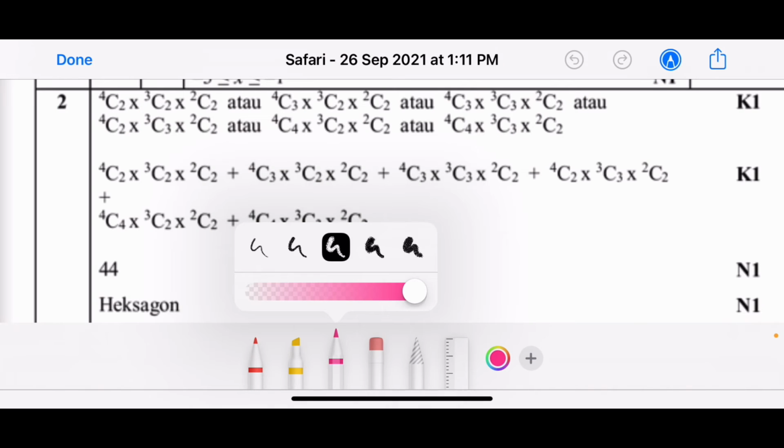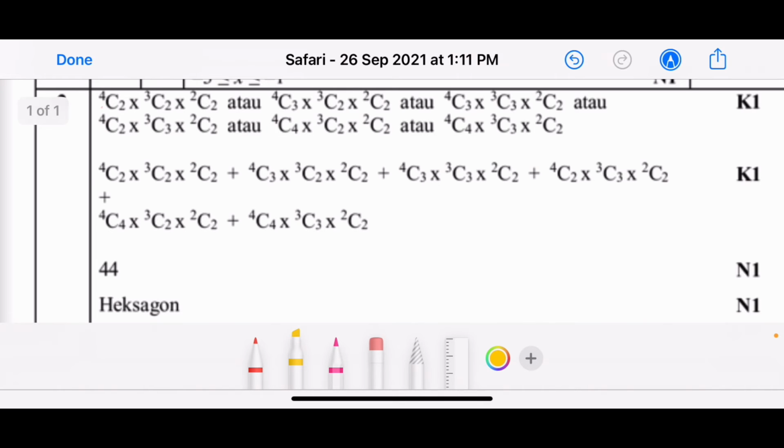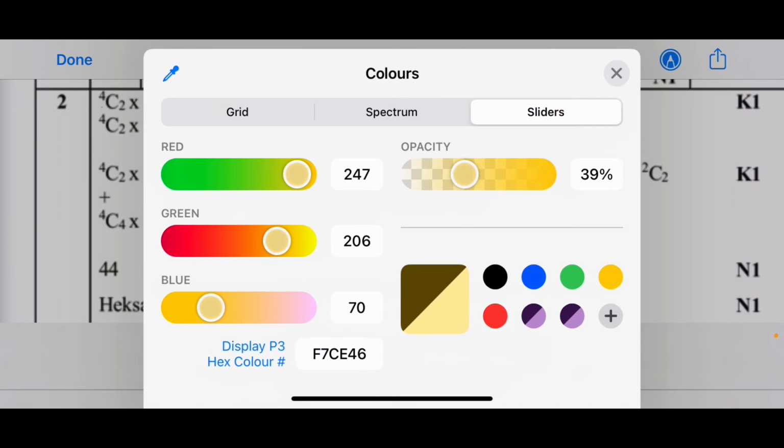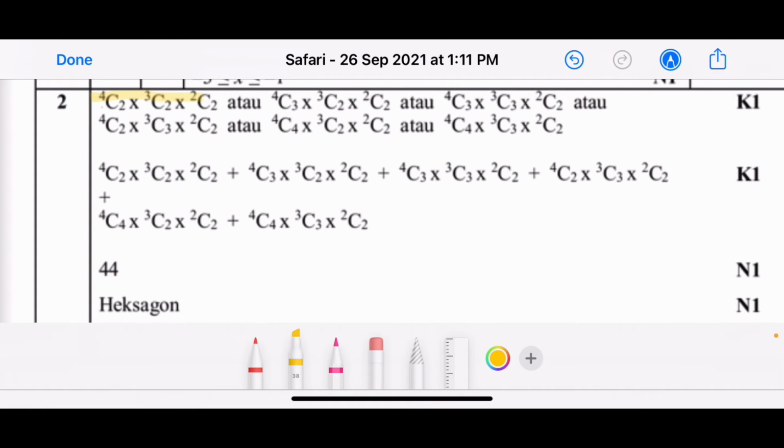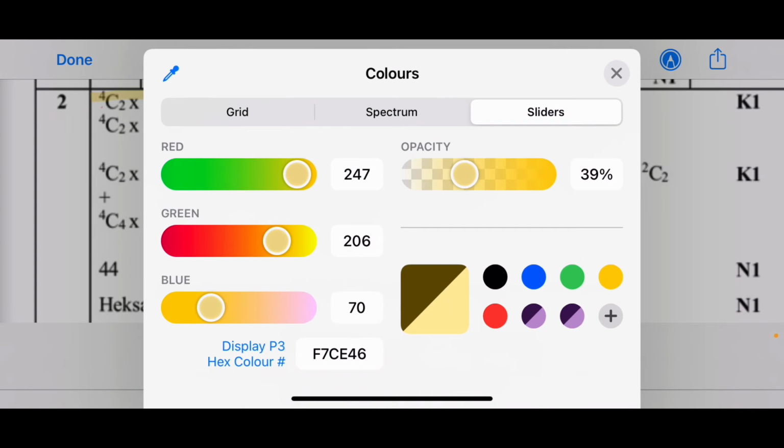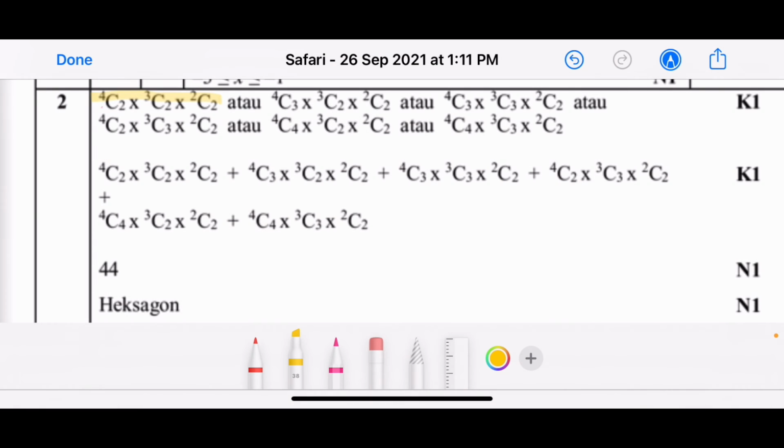Number 2, the answer is 4C2 multiplied by 3C2, right?